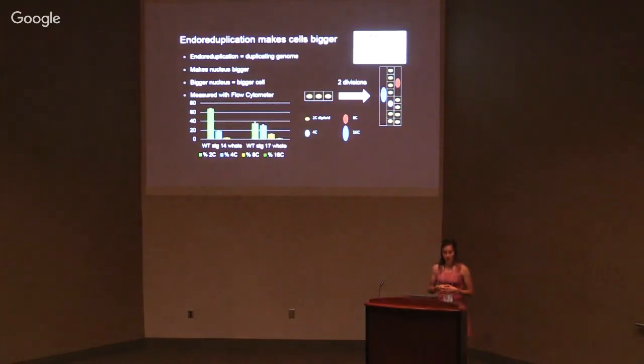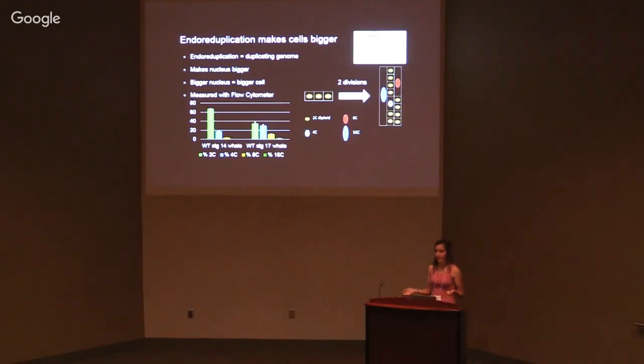But with a wild-type stage 17 silic, you see a much lower percentage of diploid nuclei and a much greater percentage of 8C and even some 16C nuclei, which indicates that endoreduplication is indeed happening as these cells mature from stage 14 to stage 17, and thus endoreduplication is contributing to the cellular growth that we're seeing.